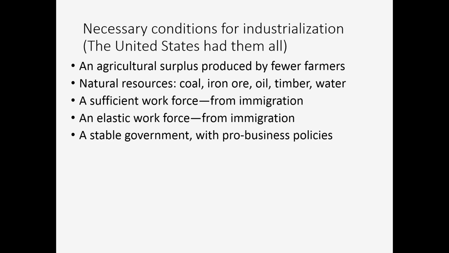To have an industrial revolution, you need a stable government. There were no revolutions here. Elections resulted in winners and losers, and the results of those elections were put into practice. And there were policies that strongly favored business. It was very difficult, if not impossible, to form labor unions in many cases.